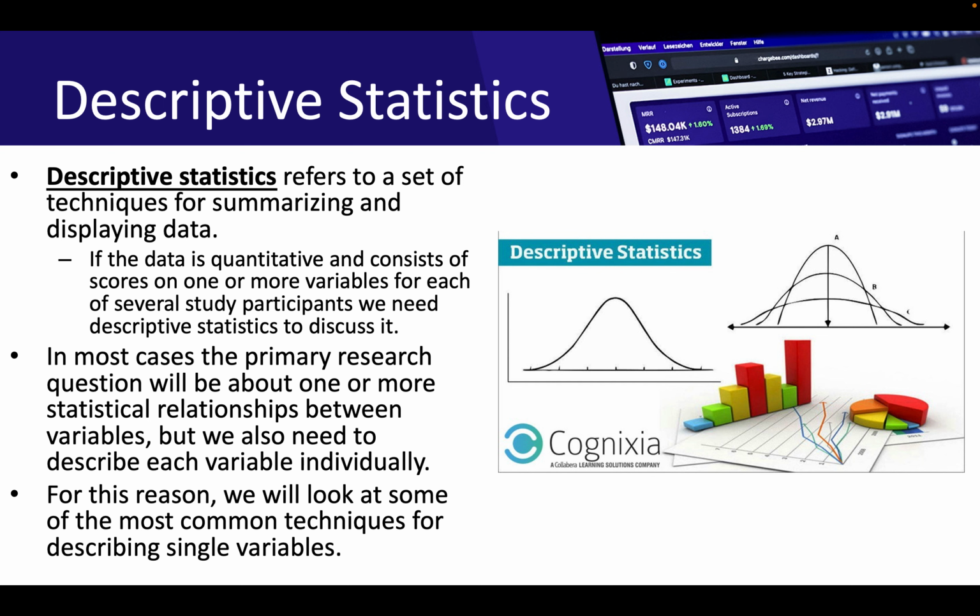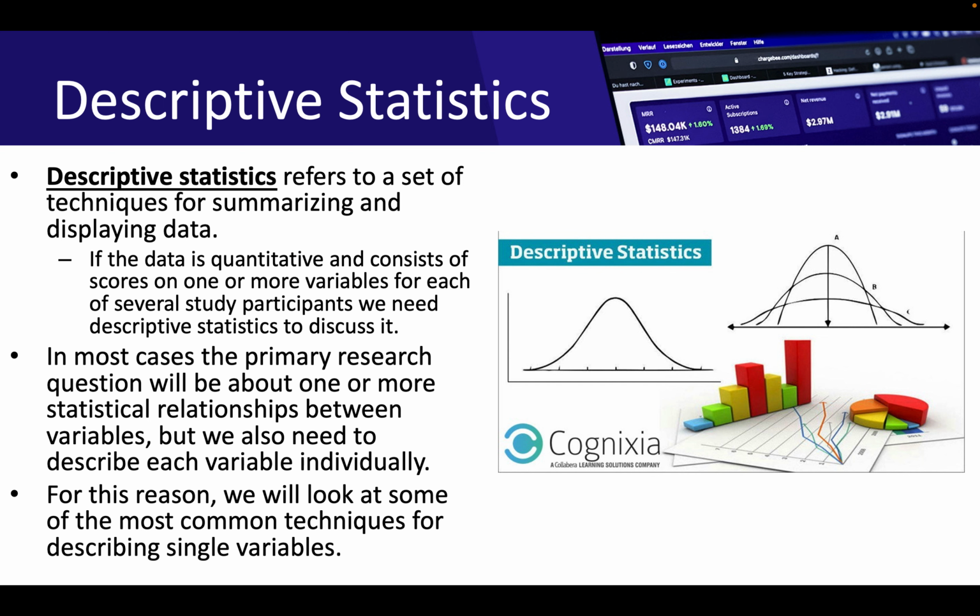In most cases, the primary research question will be about one or more statistical relationships between variables, but we also need to describe each variable individually. For this reason, we will look at some of the most common techniques for describing single variables.